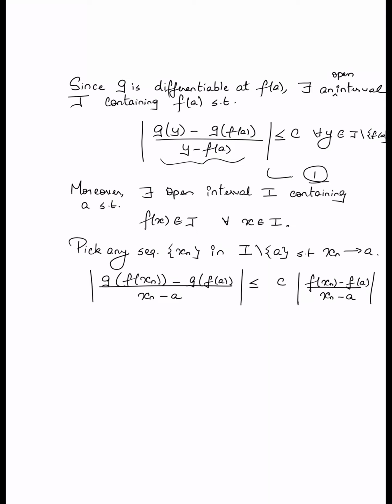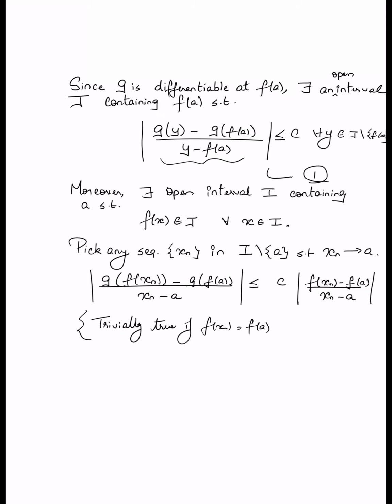Now, why is this inequality true? So this inequality is trivially true if f(xn) is equal to f(a), right? Because both the left hand side and the right hand side are just 0.